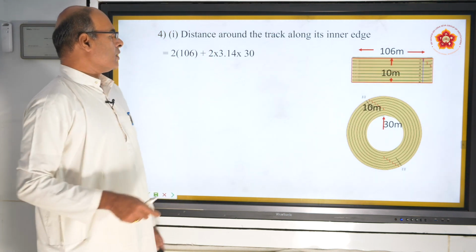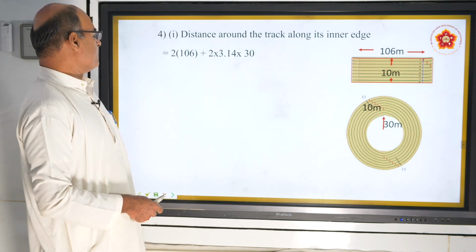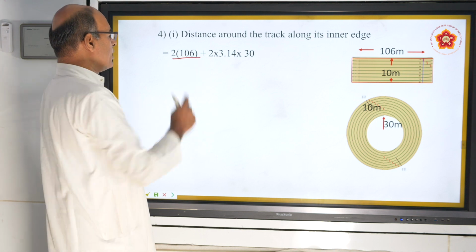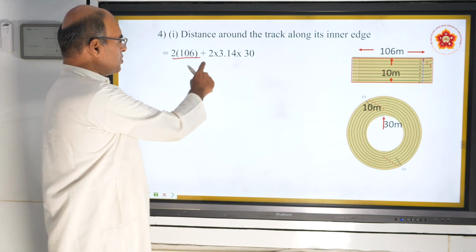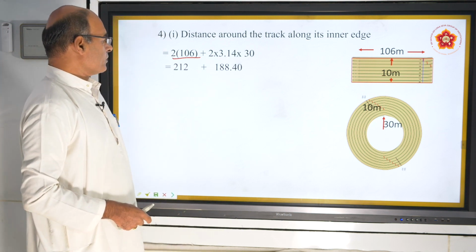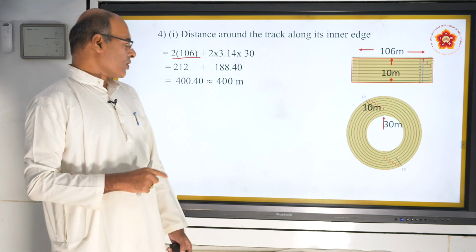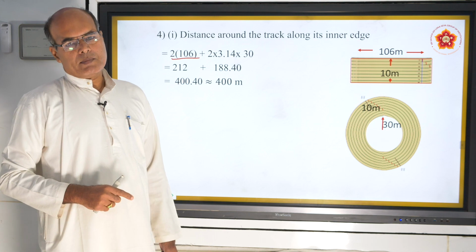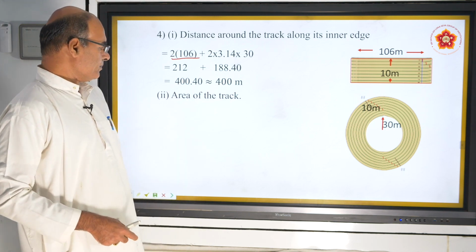So the distance around the track along its inner edge: this is the rectangle's length 2 times, and the circumference is 2 pi r, 2 into 3.14 into 30. So it gives 400.40, that is approximately 400 meter. So that is the track length. Now the area.